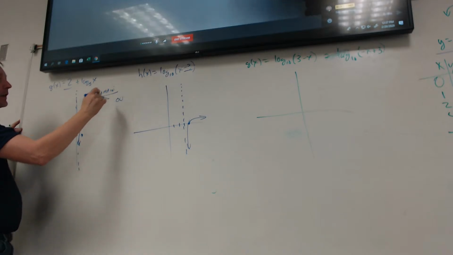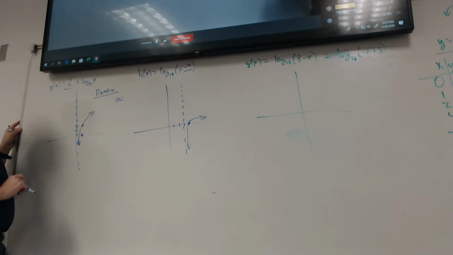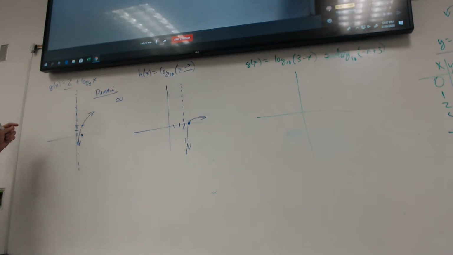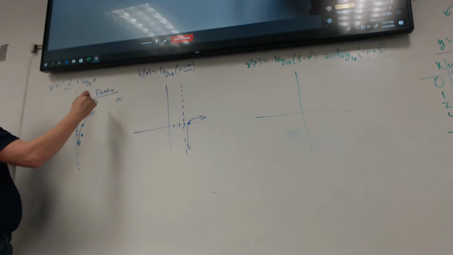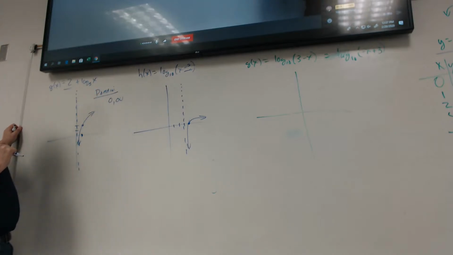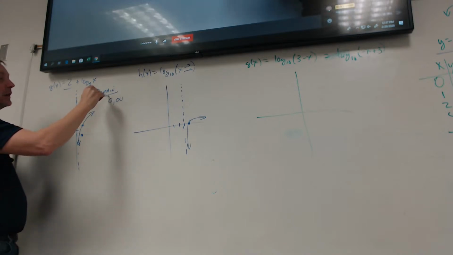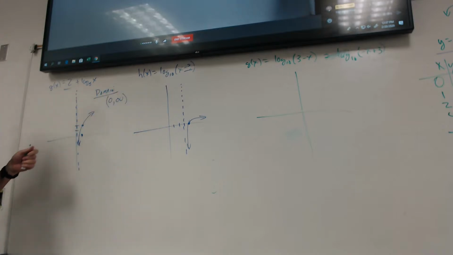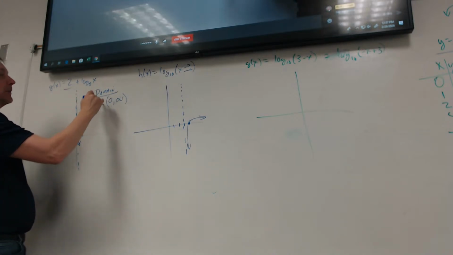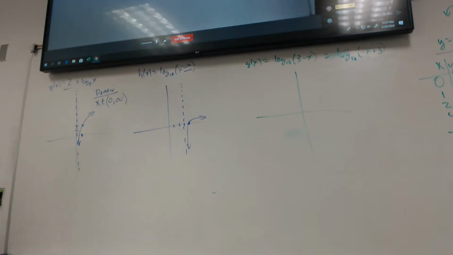Would it be infinity to, or 0 to infinity? 0 to infinity. What am I missing? Brackets. Is it square brackets? No, just round. What else am I missing? X is an element of. Don't forget your X.